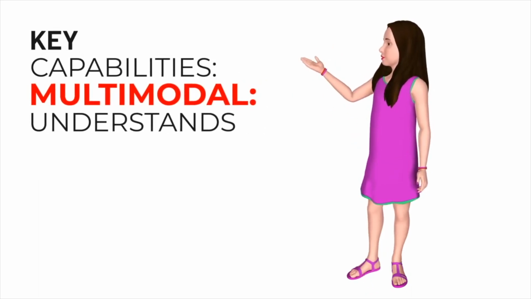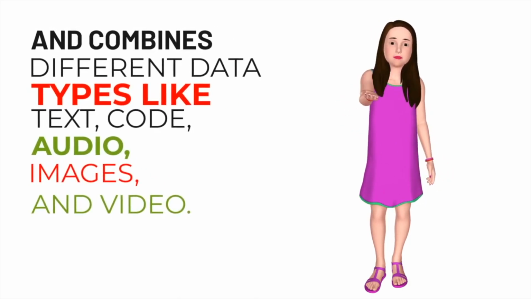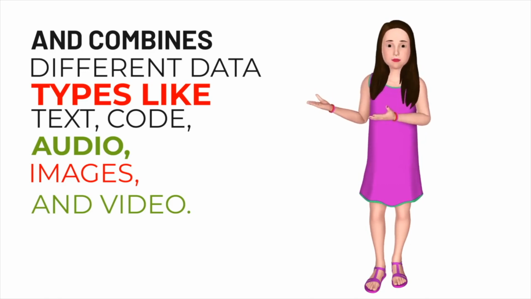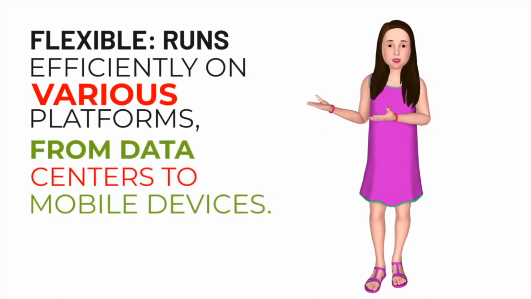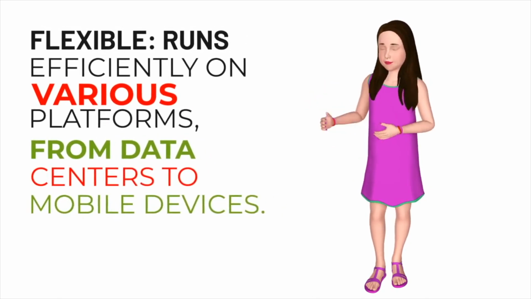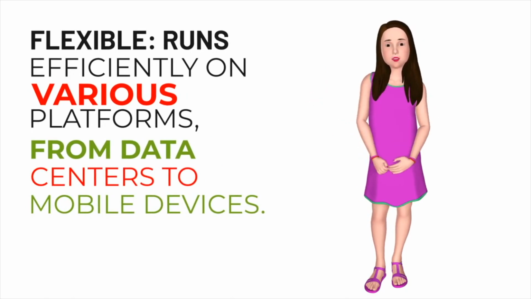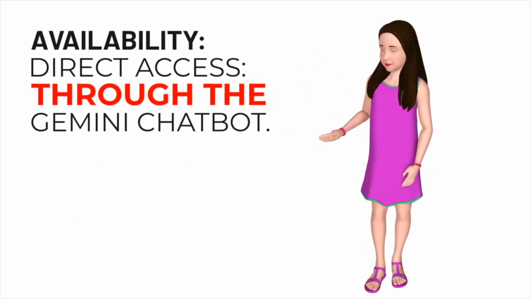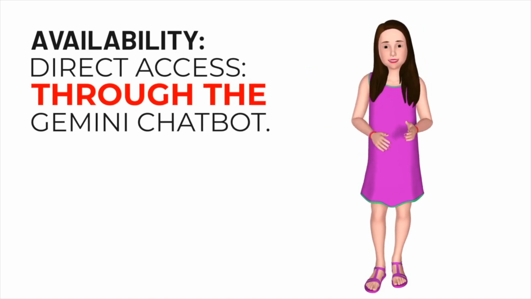Key capabilities. Multimodal. Understands and combines different data types like text, code, audio, images, and video. Flexible. Runs efficiently on various platforms, from data centers to mobile devices. Availability. Direct access through the Gemini chatbot.